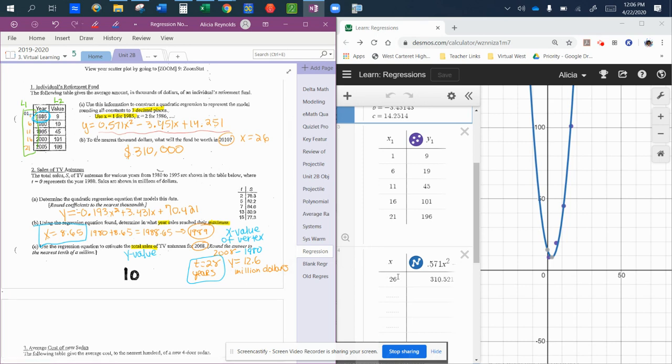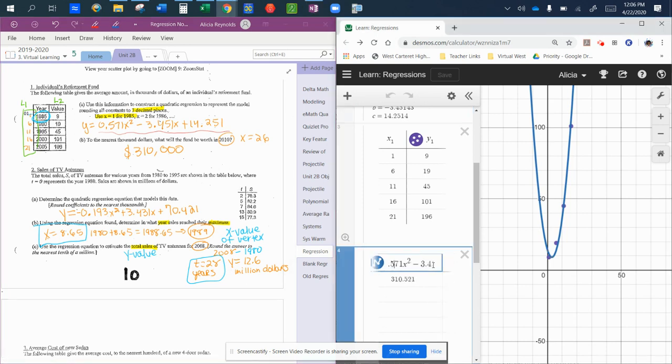So when x is equal to 26, what I did right here was I typed this equation now that I got to predict the values I'm trying to find. I typed that equation in and I converted it to a table to give me this value, and it wants it to the nearest $1,000, so I just need $310,000 because that's what the table is entered as.